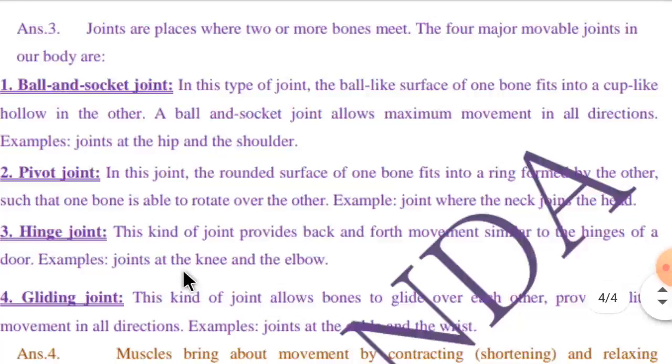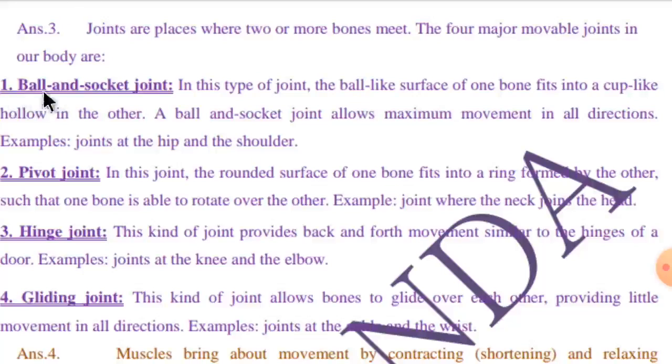Let's see. Answer. Joints are places where two or more bones meet. That are called joints. The four major movable joints in our body: ball and socket joints, pivot joints, hinge joints, and gliding joints.